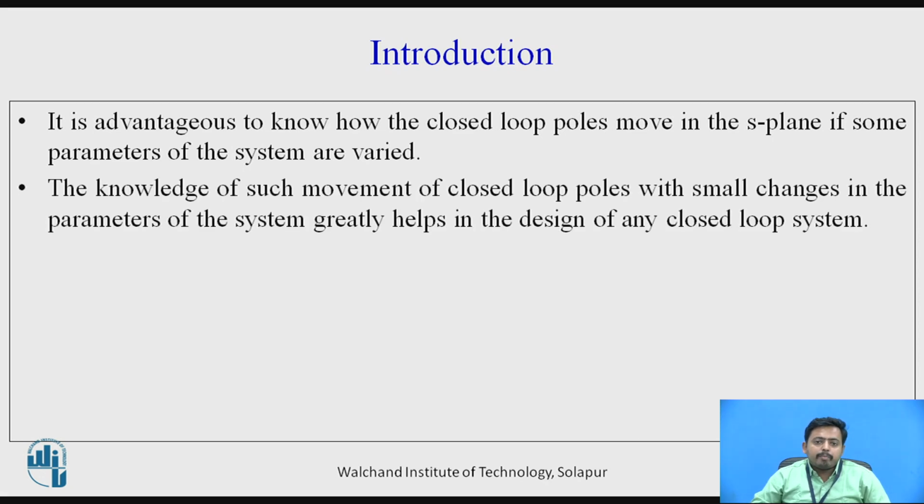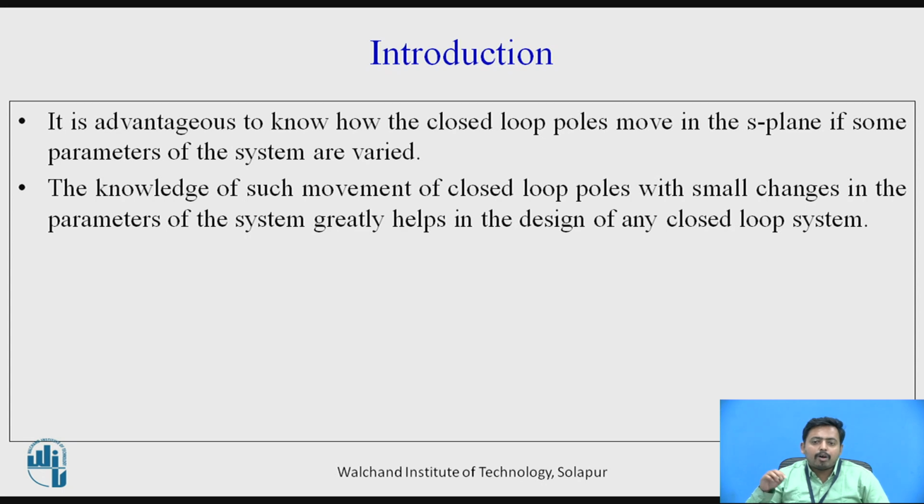So, what do you mean by root locus? The closed loop poles that we have found using the transfer function, if some parameter of the system is varied, how do these closed loop poles move in the S plane? We have to know that, because the knowledge of this movement of closed loop poles with small changes in the parameters of the system helps in the design of any closed loop system.